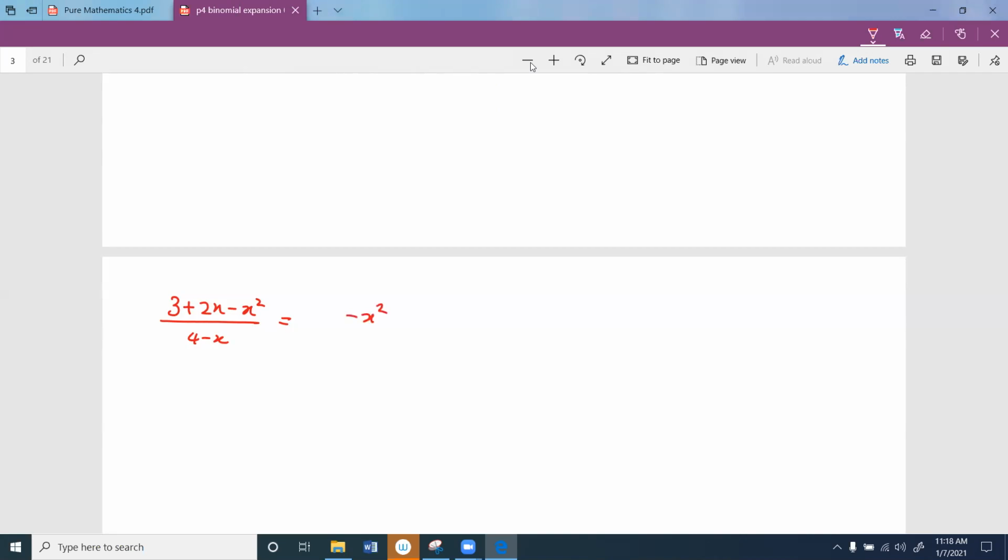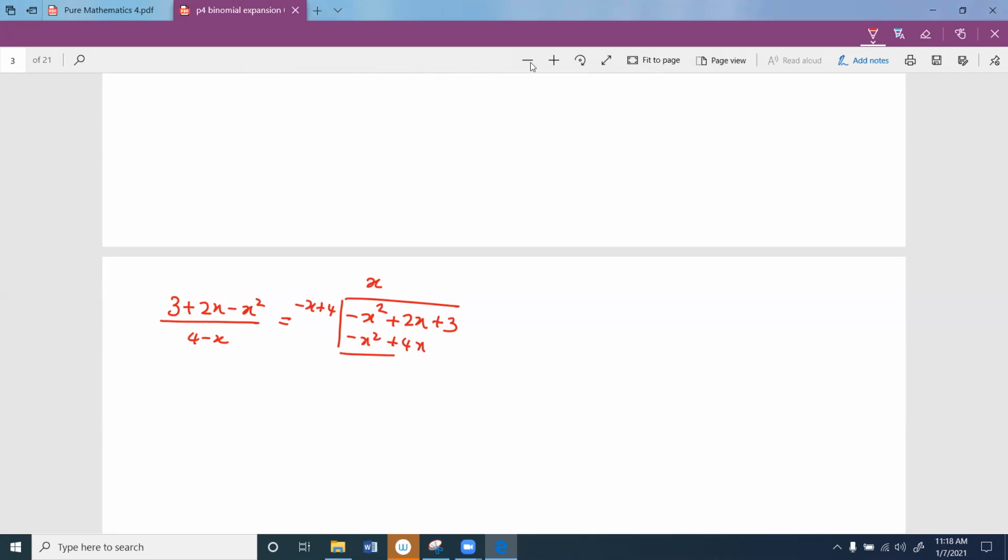Minus x squared plus 2x plus 3, you have to divide by minus x plus 4. Then you have to see how many minus x terms make minus x squared. That is x. Then x into minus x is minus x squared, x into 4 is 4x.